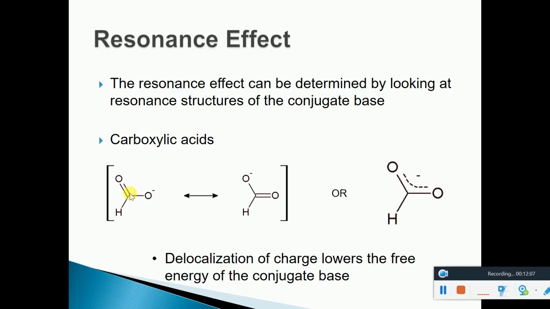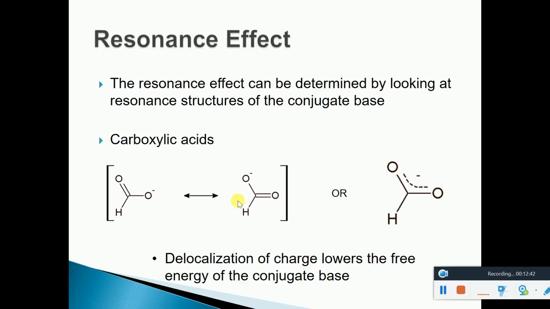We show where it could possibly be with our resonance forms. It could be that the negative charge is here and the pi bond is here, or the pi bond could come over here and the negative charge then would be on this atom here.